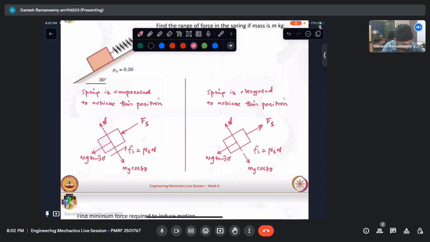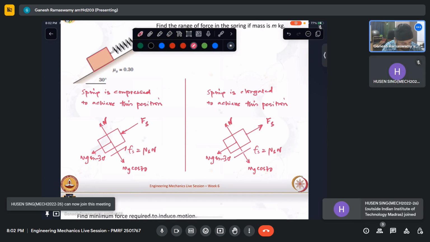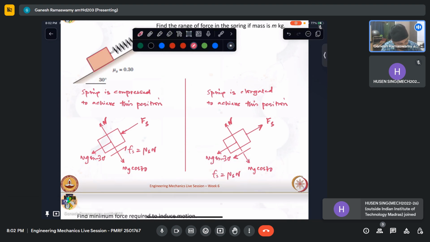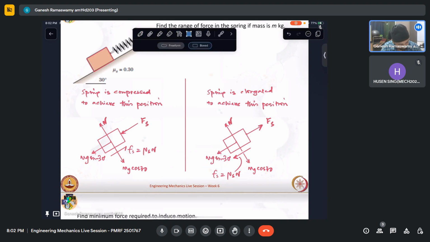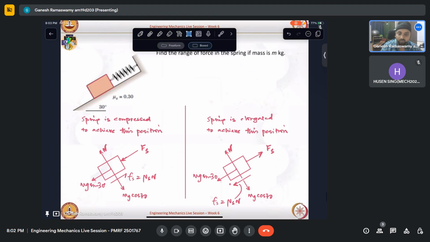That is how we will calculate the total range of the force in the spring. One is considering that the spring was compressed in order to attain this position, and the second was that the spring was elongated to attain this position. So these are the two possible configurations.